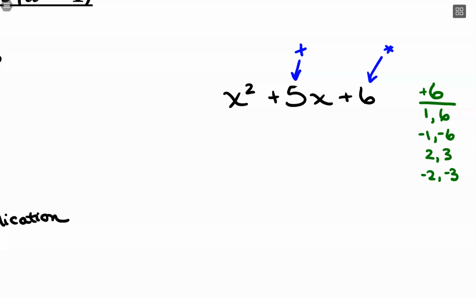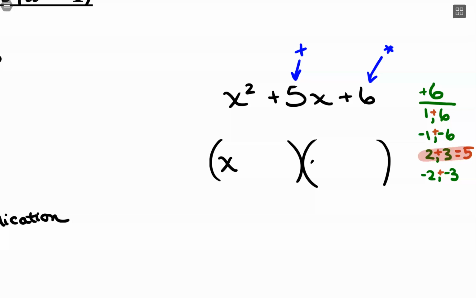So with this, we have all of the values that are possible for getting us this value of 6 for c because they multiply. But then what we want to do is think about the addition. If we add these together, which gives us 5, it's going to be the 2 plus 3. With that, it would give us our factored form.